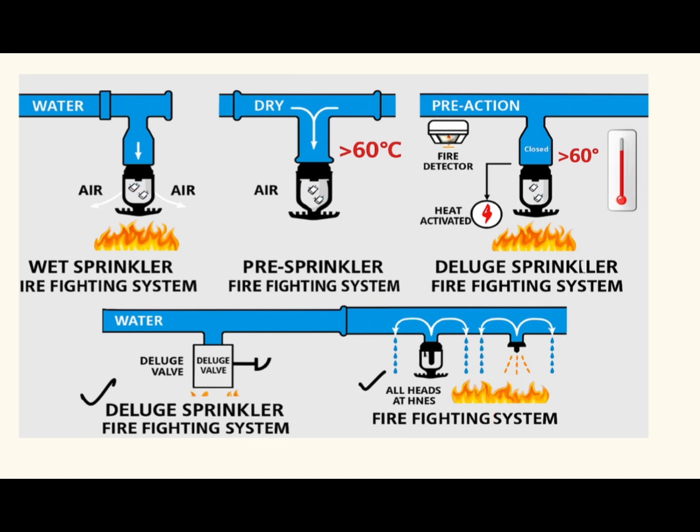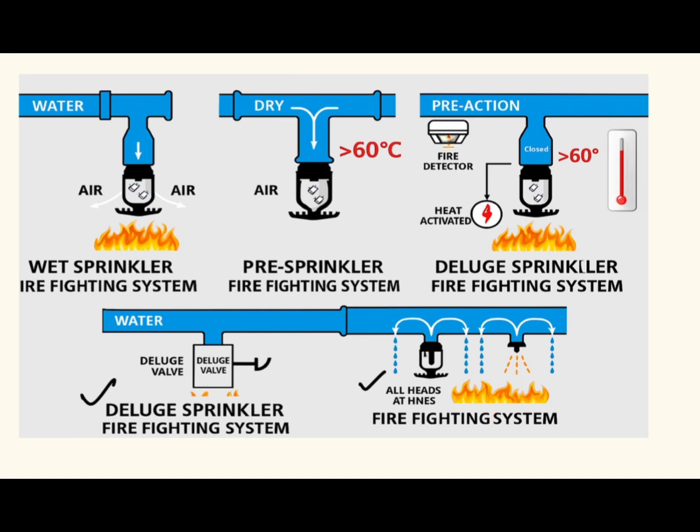This is used in high hazard areas where rapid fire spread is a concern. When fire is spreading very quickly, these systems are used. For example, aircraft hangars, chemical plants, power stations, fuel loading areas, industry facilities. Where we think that fire can spread very rapidly, we need instant water.